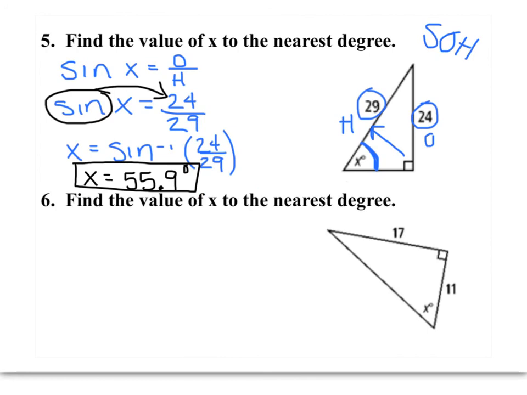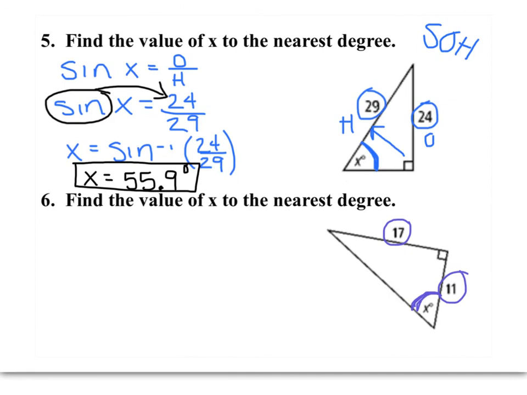Now let's look at our final example, number 6. Again, our reference angle is located in the triangle. So I am ready to begin labeling my sides. I am looking at the 11 and the 17.